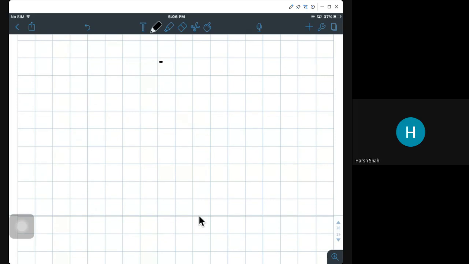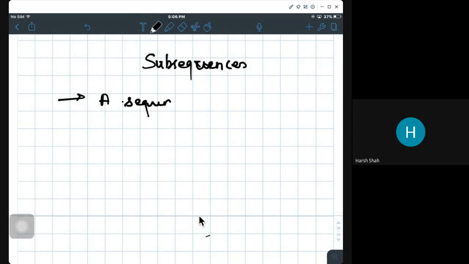After this, we have subsequences. A subsequence is simply a sequence filtered out. Just like a subset, you have a sequence filtered out.